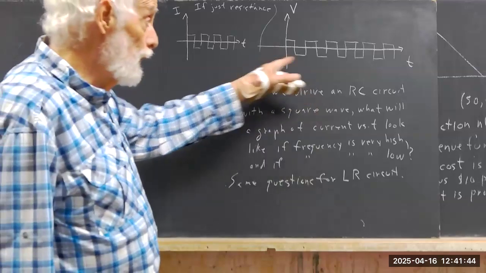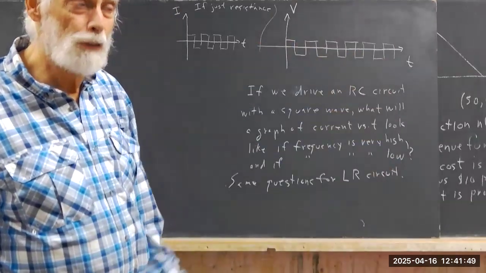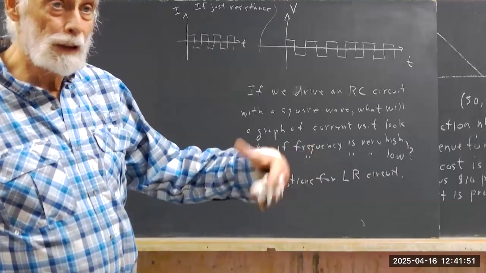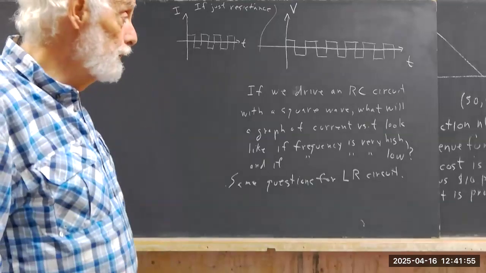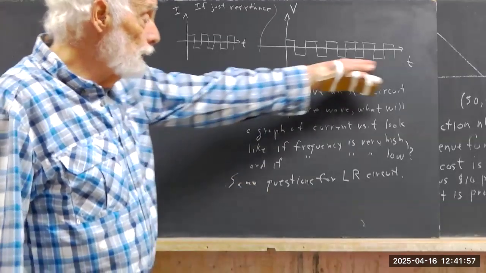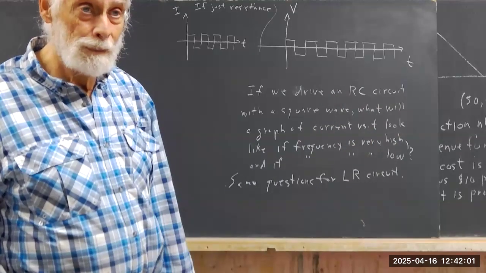Okay, so 1,000 of these every second. We could go up to 100,000 every second, I think. But 1,000 is not going to strain any of our instrumentation or any of our devices. So we go up to pretty high frequency. And we go down to low frequency.